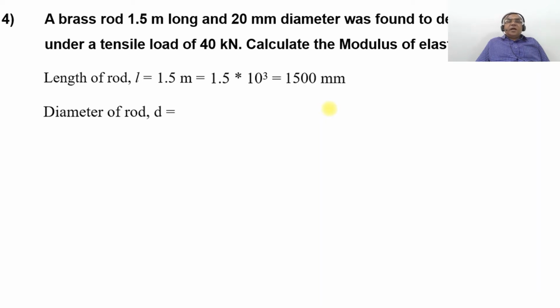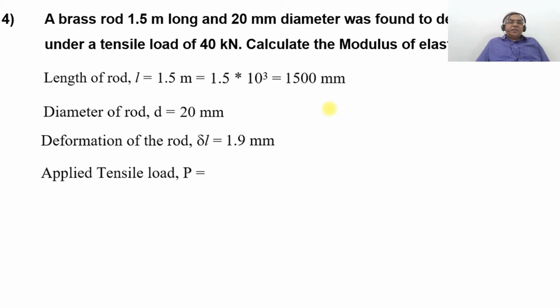Then we know the diameter of the rod, which is equal to 20 mm. The deformation of the rod, which is delta L, is found to be 1.9 mm. The applied tensile load, which is capital P, is equal to 40 kilonewton, which is nothing but 40 into 10 to the power of 3 Newton.